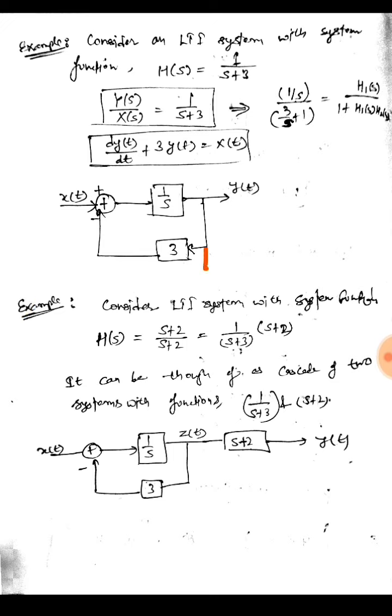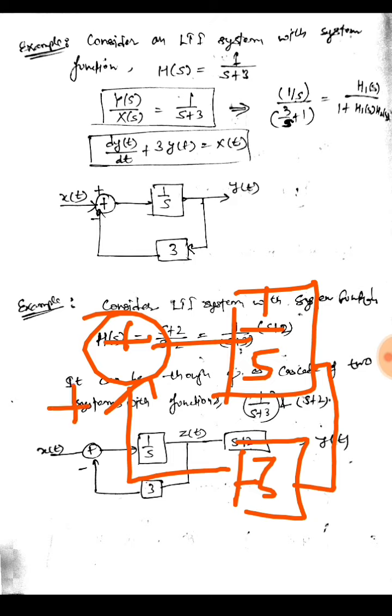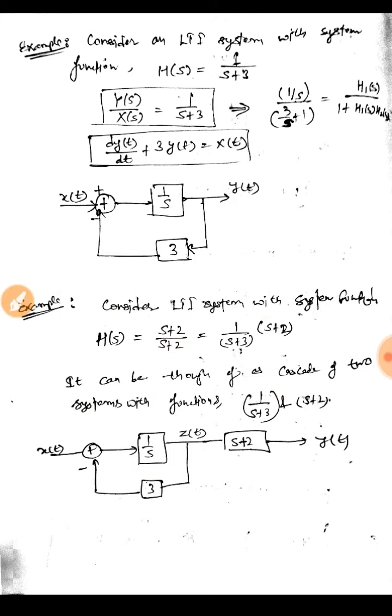This is our feedback transfer function 3, and it will be a negative sign because we are comparing it with a negative feedback. Or I can also represent it as plus, if I take minus 3 here then it will be plus over there. So both are the same thing.